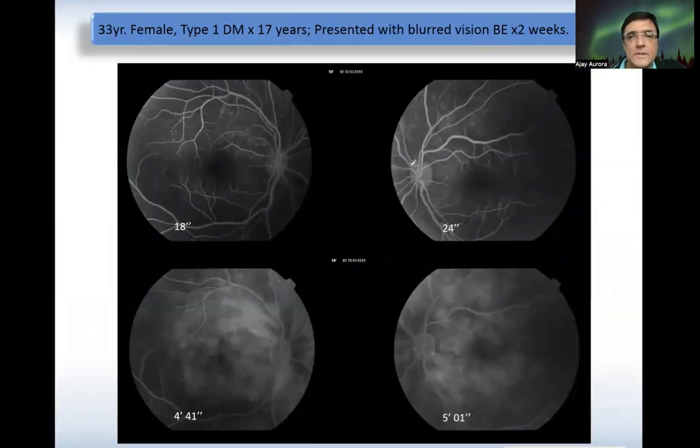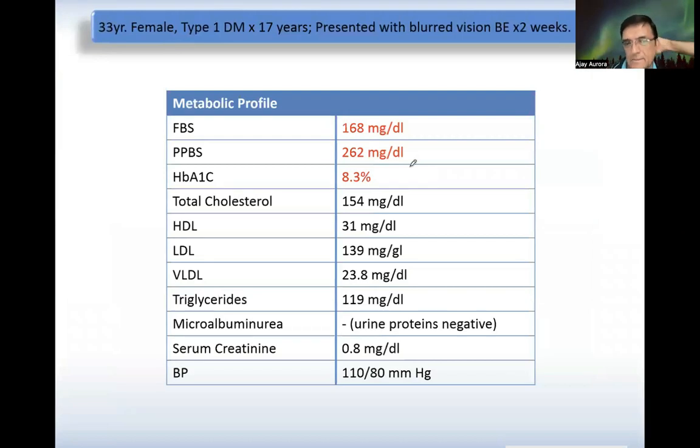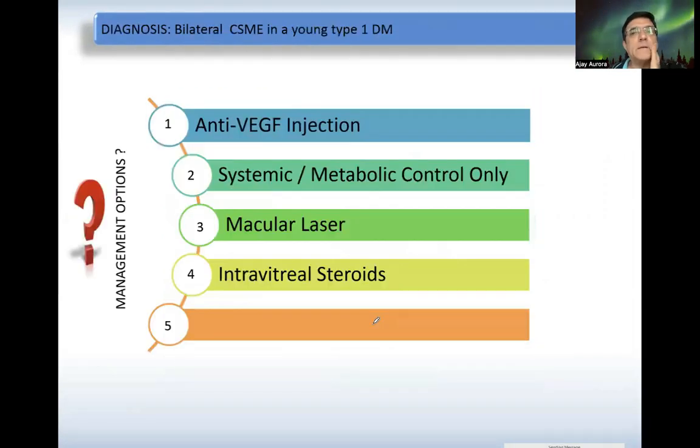And this is the angiogram, and these are the metabolic features of the patient. There was no microalbuminuria, if you notice here. Patient's creatinine was good, so the kidney functions were good. And the LDL was on the higher side, but that doesn't explain the macular edema as such.